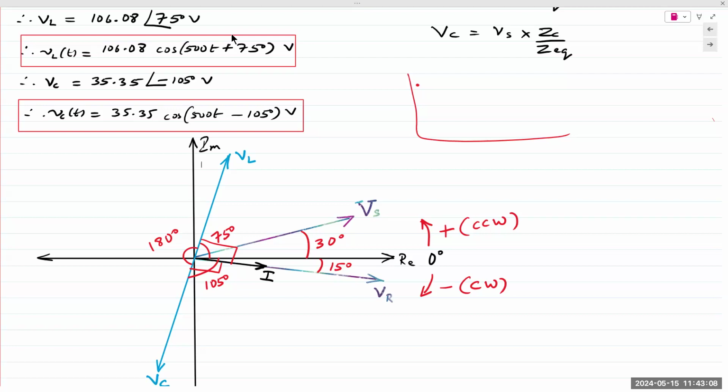It depends on how it's configured. If they share the exact same current, then yes, it will always be 180 degrees apart because inductor voltage is plus 90, capacitor voltage would be minus 90. But if they don't share the same current, then it could be any other random value. That's the two other important points. Okay, questions? Does it all make sense?